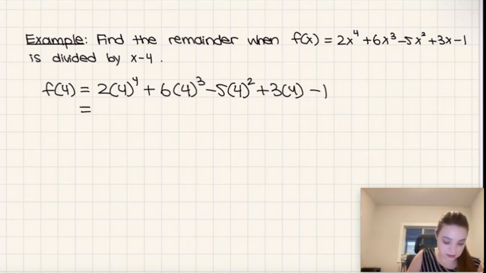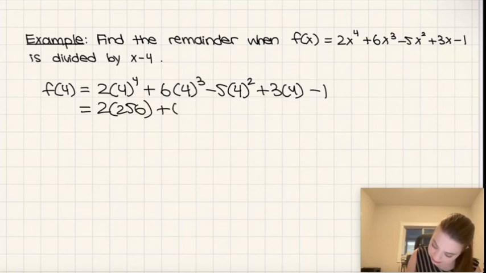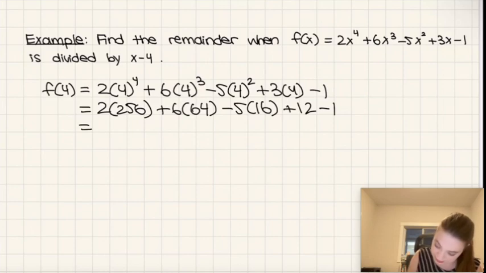And let's see, what is 4 to the power 4? That's going to be a bit of a big number, 256. So 2 times 256 plus 6 times 64 minus 5 times 16 plus 12 minus 1. That's going to be 512 plus 6 times 64 is 384.